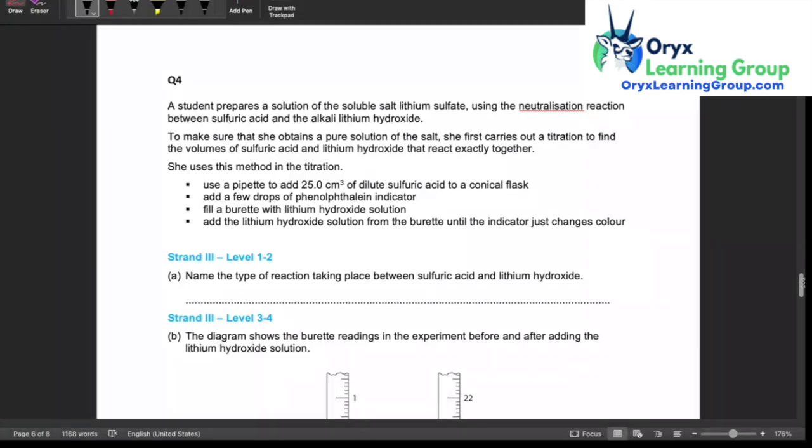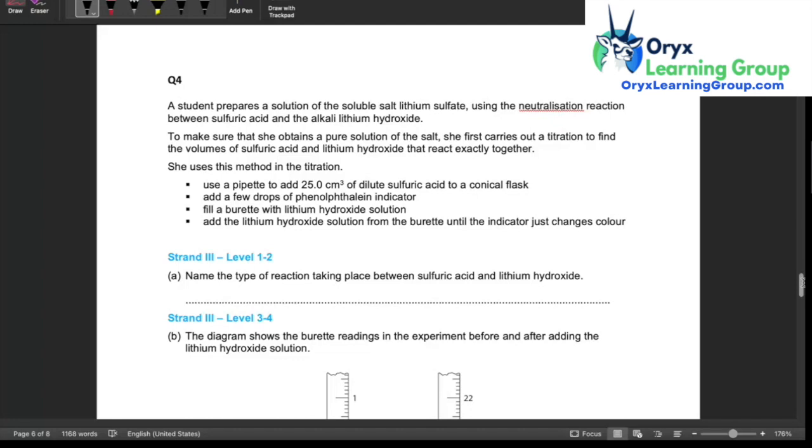Use a pipette to add 25 cm cube of dilute sulfuric acid to a conical flask. Add a few drops of indicator. Fill a burette with lithium hydroxide solution and add the lithium hydroxide solution from the burette until the indicator just changes color.